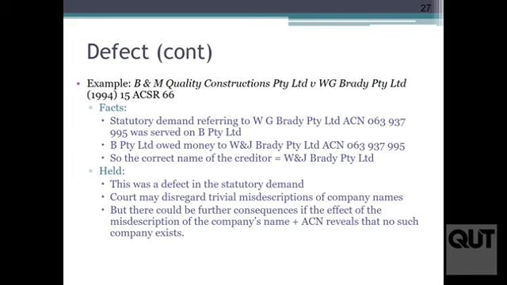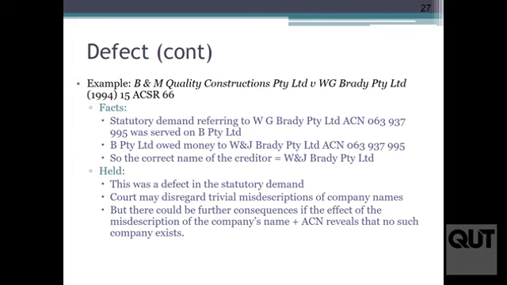This was held to be a defect, so the question was, was it trivial? The problem for the debtor was that if they wanted to challenge the demand, they would have to serve a company called W.G. Brady Proprietary Limited, when in fact no such company existed.